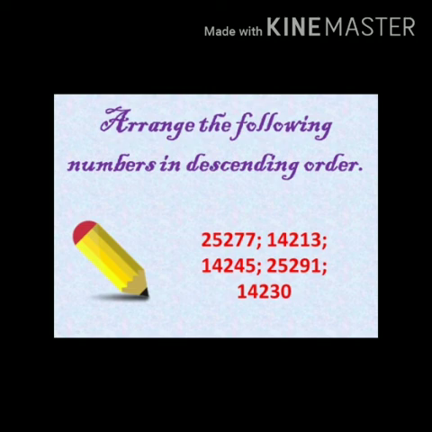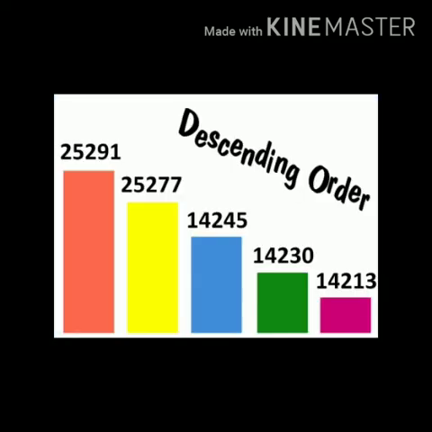Arrange the following numbers in descending order: 25,277, 14,213, 14,245, 25,291, and last 14,230. When the number of digits are same, we have to compare the extreme left digits, and if extreme left digits are same, then we have to compare the second digit from the left, and so on.